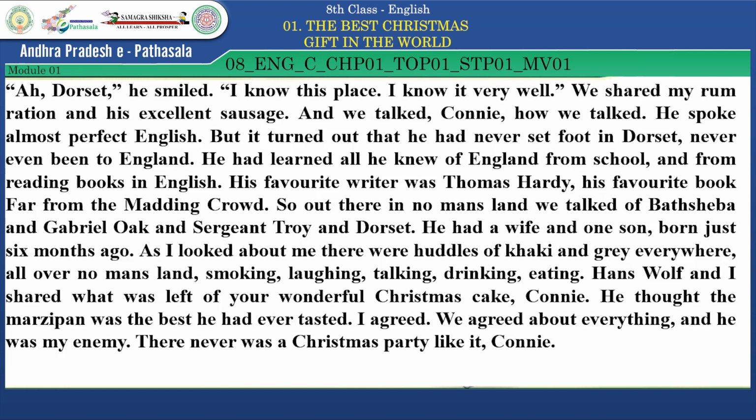He had learned all he knew of England from school and from reading books in English. His favorite writer was Thomas Hardy, his favorite book, Far from the Madding Crowd. So, out there in no man's land, we talked of Bathsheba and Gabriel Oak and Sergeant Troy and Dorset.